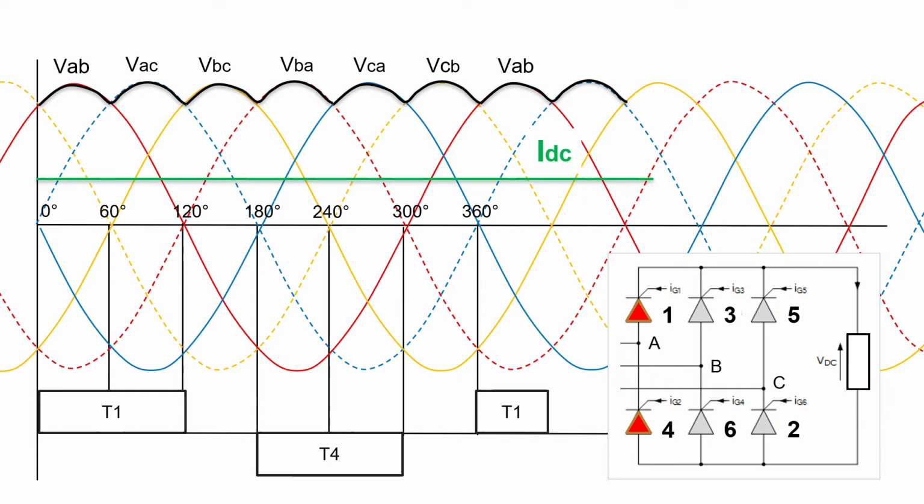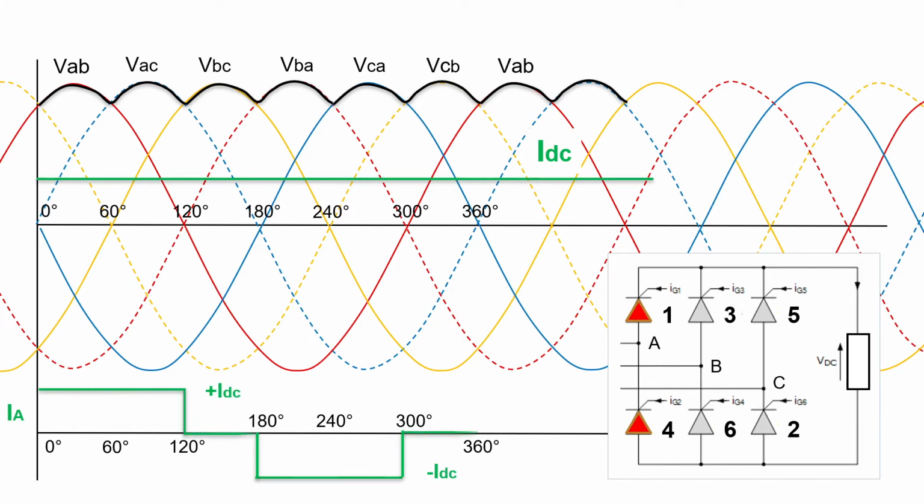Now, when the A leg is conducting, the source current is constant, that is given. So the current will pass through T1 and T4 like this. Notice that when thyristor T1 is conducting, the current will go through the upper switch and the magnitude will be IDC, and when the current is returning back from the bottom switch, that is T4, the magnitude will be minus IDC.